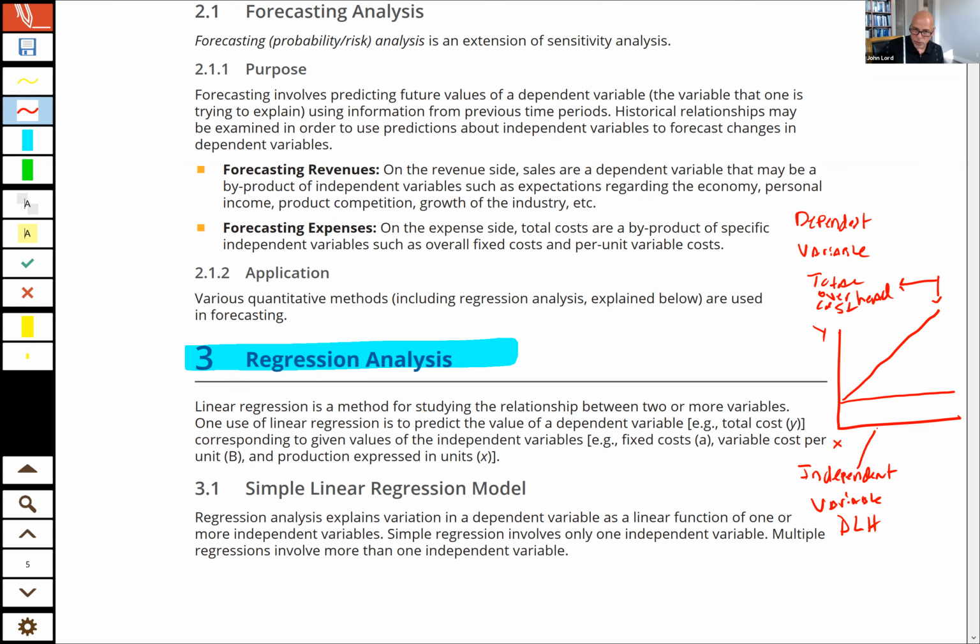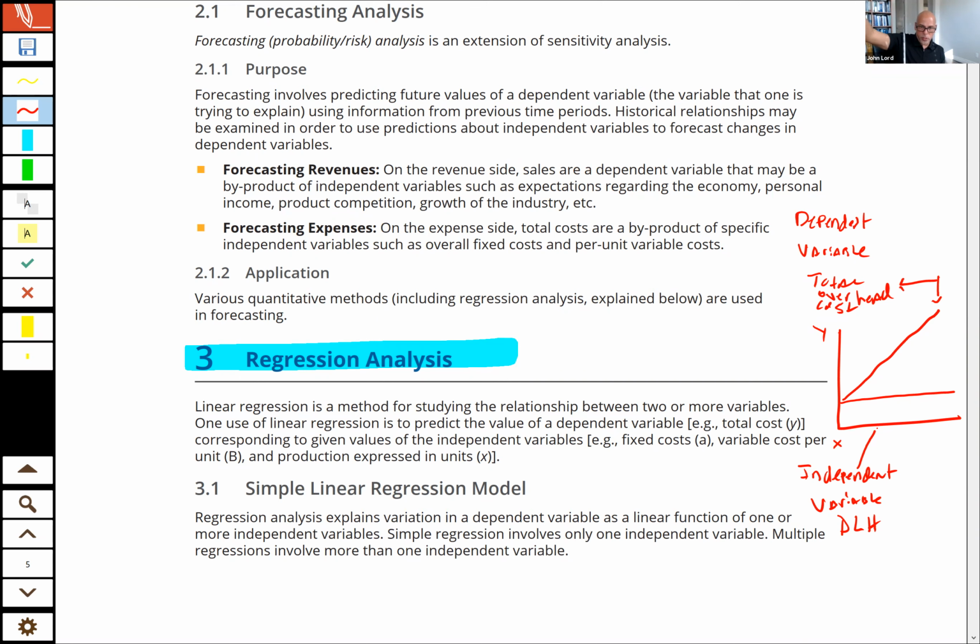As direct labor hours go up, does it seem reasonable that our total overhead costs would go up? Okay, we're trying to do this because we're trying to determine what's an appropriate driver for our overhead costs, because remember we talked about in chapter 3 that we're going to want to do what?